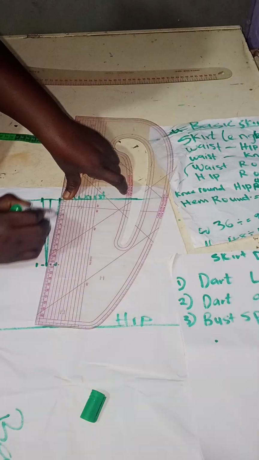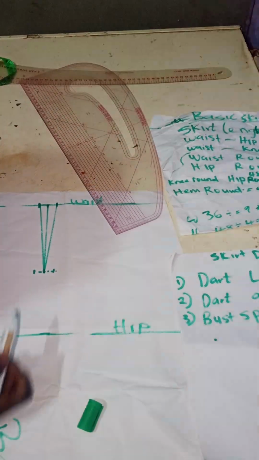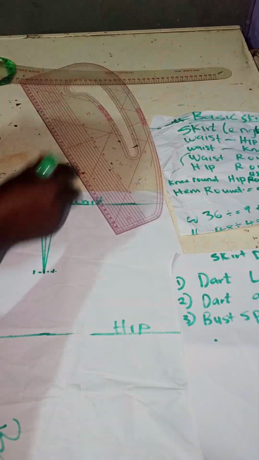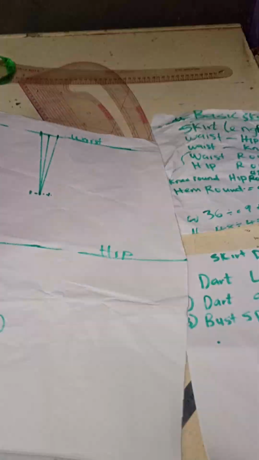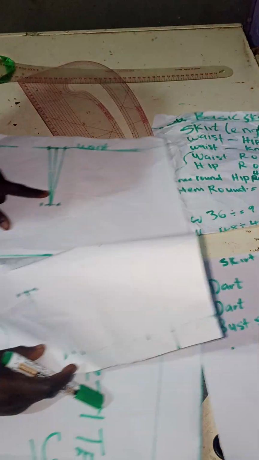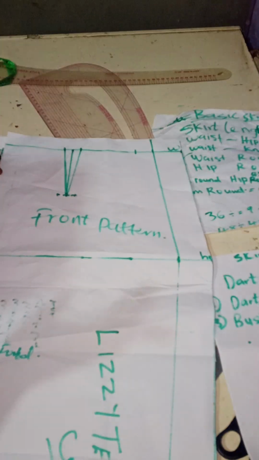Do get your measurement accurately before you plot your dart. So this is the dart for the back. You do the same thing to the other side of the back pattern as well. So this is the back and this is the front. The difference between the back and the front is just the length.